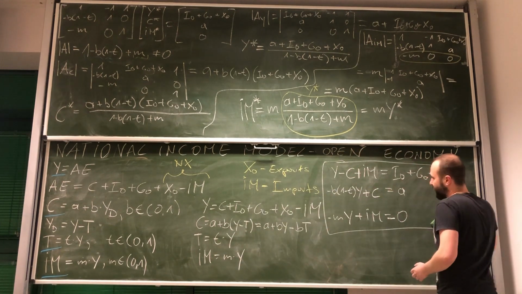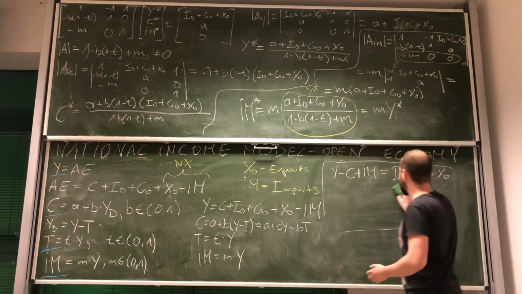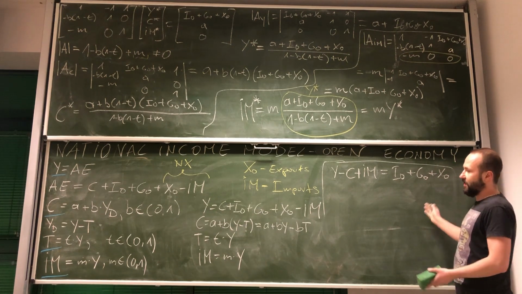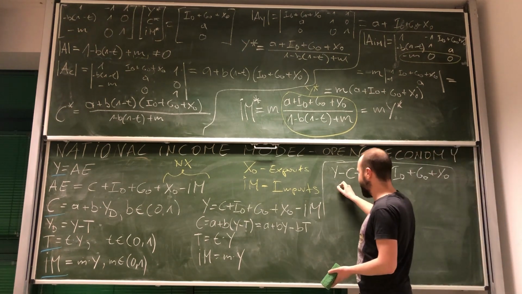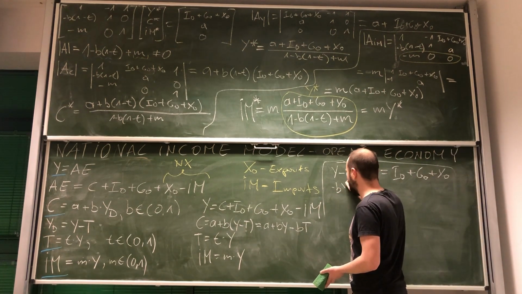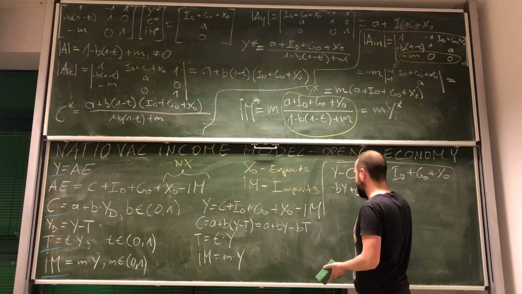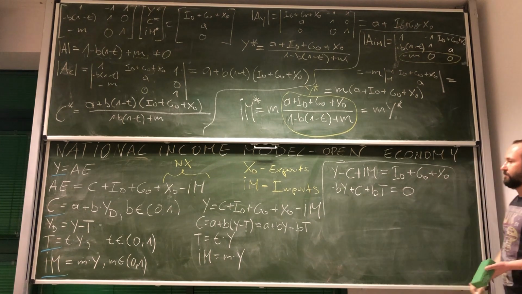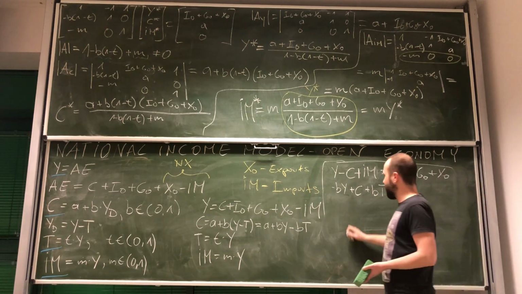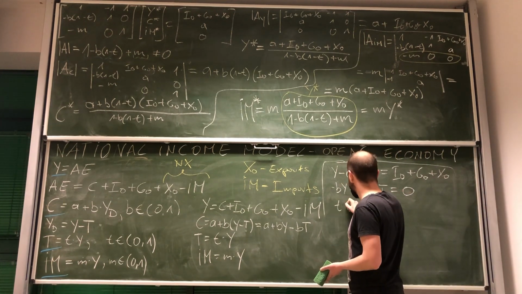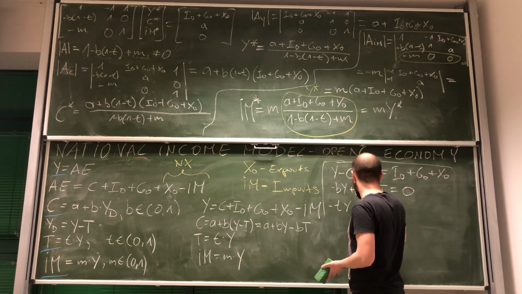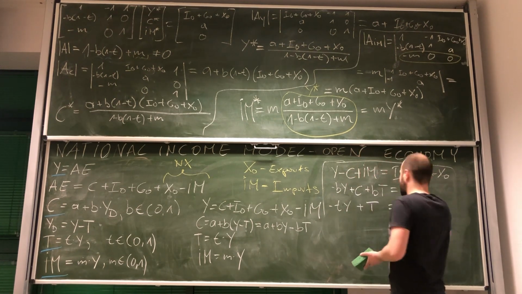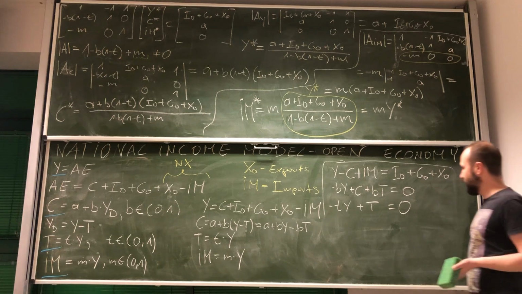So, over here, we'll also need to make some changes. Here, we're going to have negative y plus c plus b t equals 0. Over here, we're going to have negative t times y plus t equals 0.